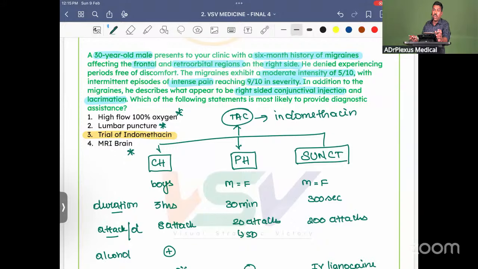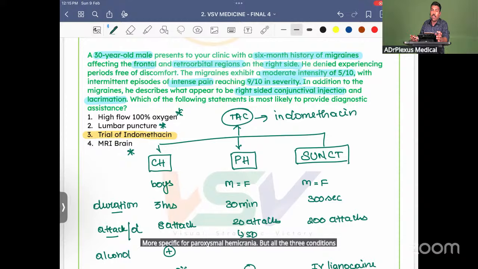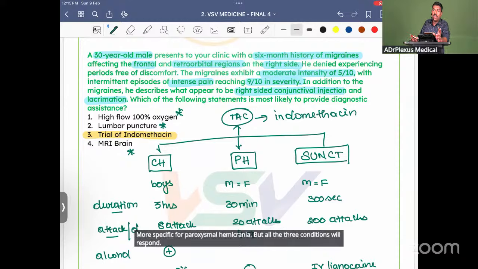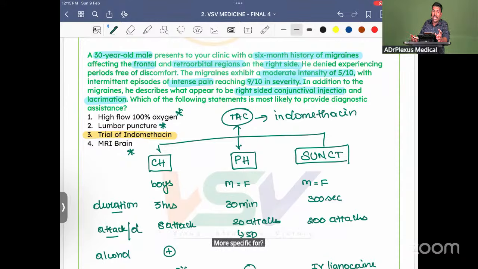More specific for paroxysmal hemicrania, but all the three conditions will respond.